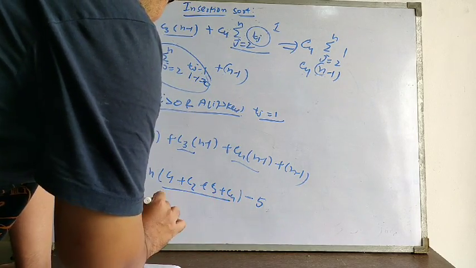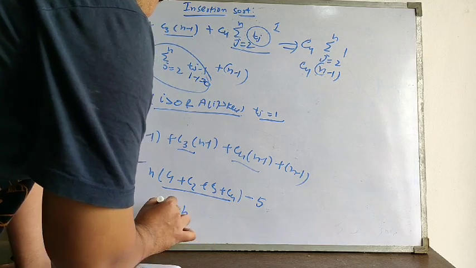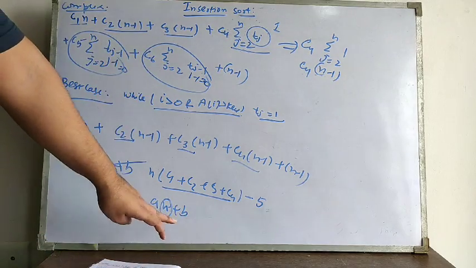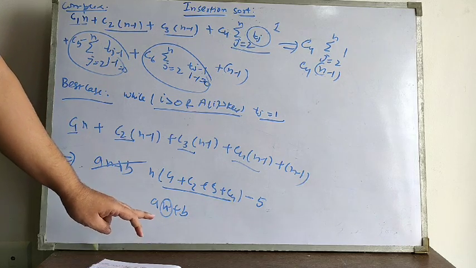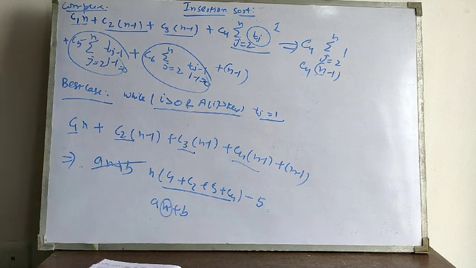This is my a plus b. So this is in the form of an plus b, with a single power of n. So the best case complexity for insertion sort is order of n.